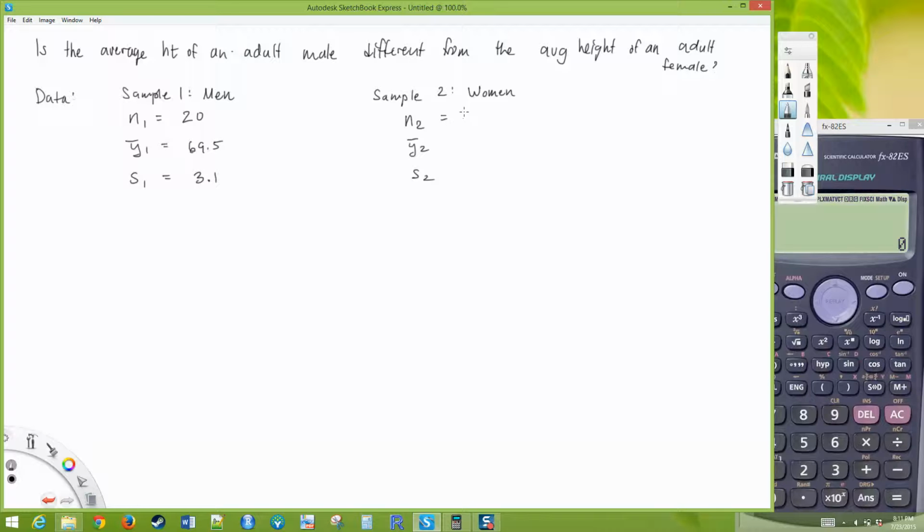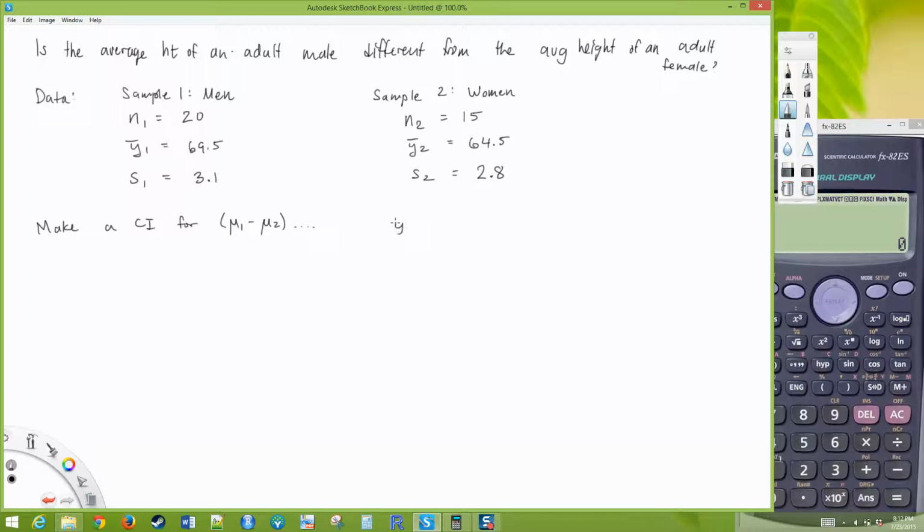And for the women, let's say we surveyed 15 women. The average height was 5'4", we'll say 5'4.5", 64.5 with a standard deviation of 2.8. I'm just making these up. Okay, so go ahead and make a confidence interval for the quantity mu1 minus mu2.